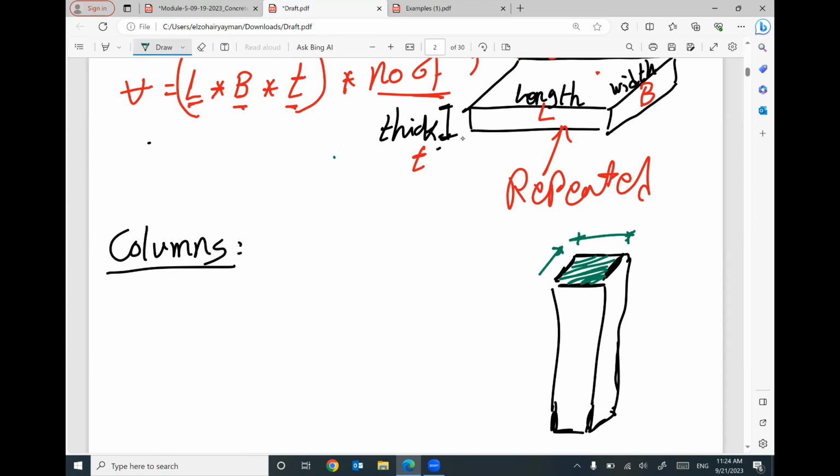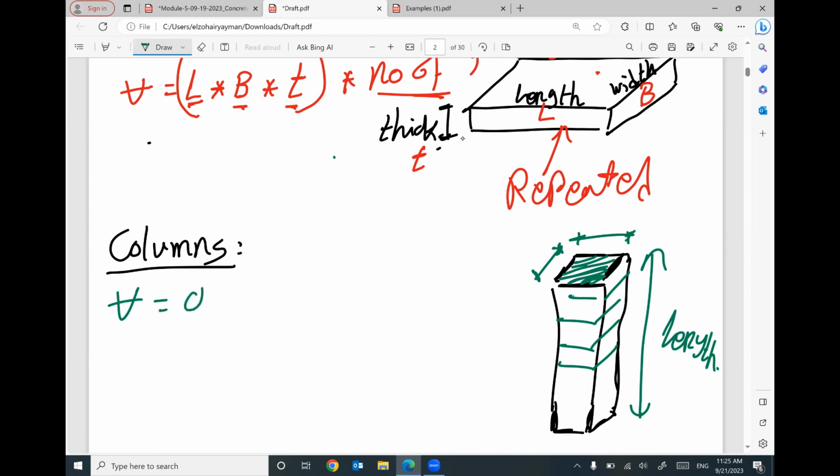What is the width? Once you get this cross section, it is the same along the height or the length of this column. So the volume equals cross section area times the length or the height of this column.